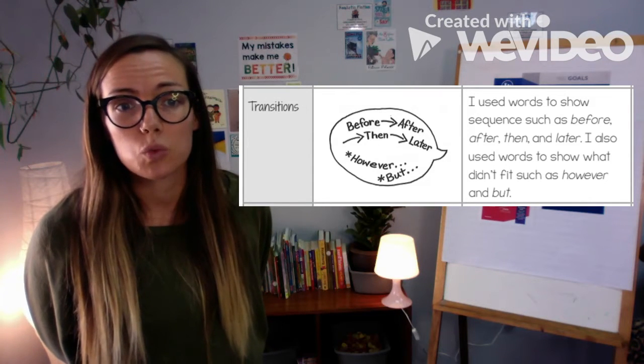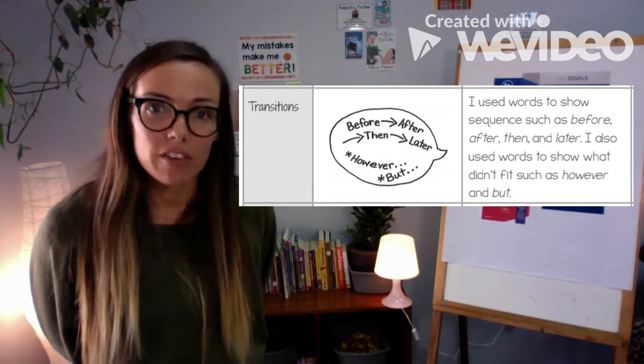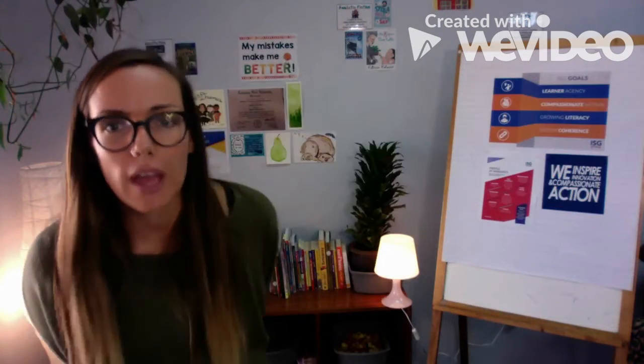I also used words to show what didn't fit, such as however and but. Okay? So in third grade, it's really about time, right? It's talking about using words like before or after, or then, later. Also, if things don't fit together, you might see the word like however or but, right, if things are different.